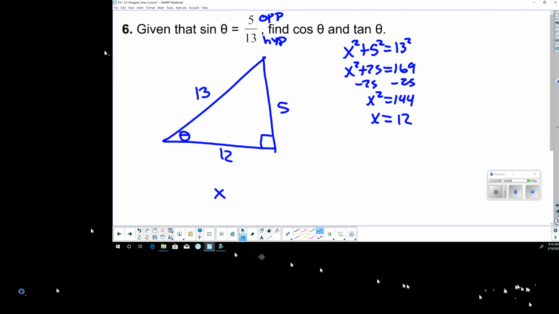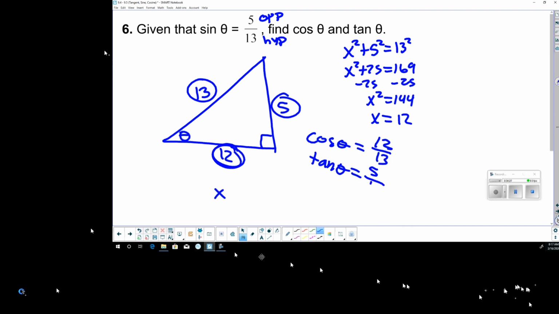Okay, now I've got all my sides. I just want to know, what is the cosine. Cosine is the adjacent over the hypotenuse. Tangent is the opposite over the adjacent. So 5/12.